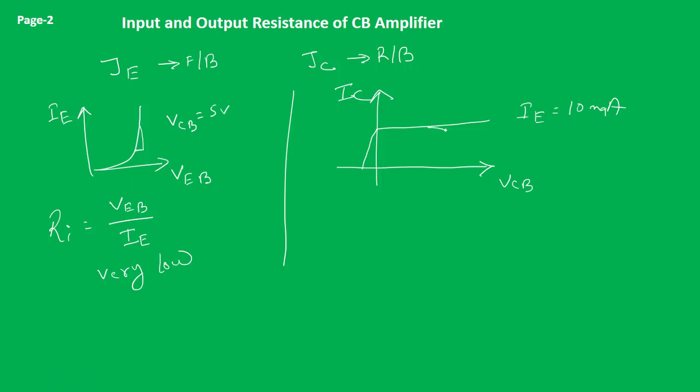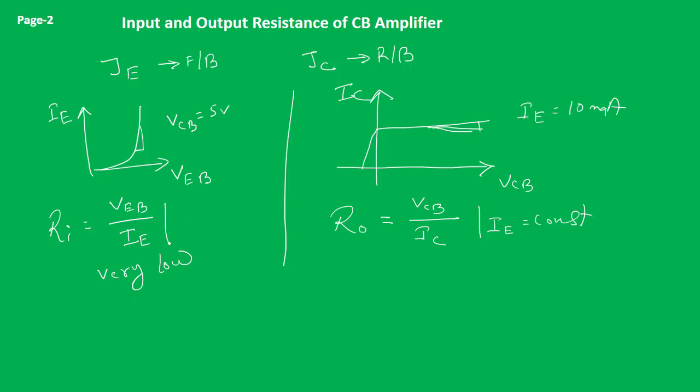Here also if we take the slope, we find that for quite large change of VCB, IC is changing very less. As a result, the output resistance R0 is given as output voltage by output current, keeping input current constant.